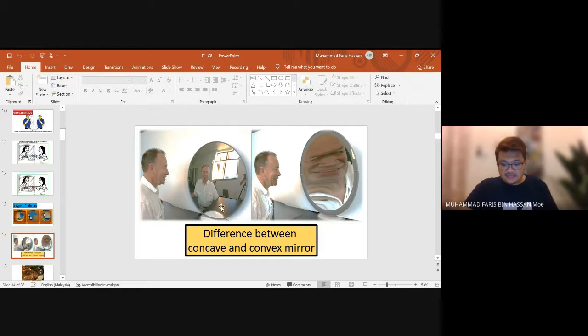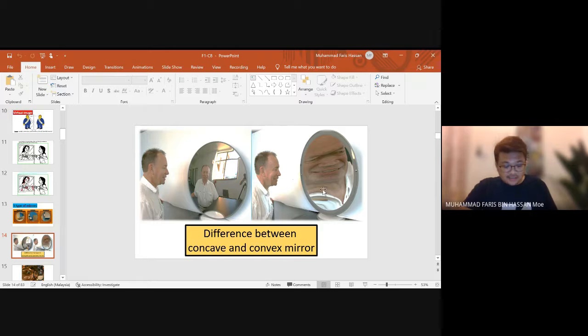By using the convex mirror, it can help to enlarge the image. It is always used in supermarkets or in dangerous corners of a road.